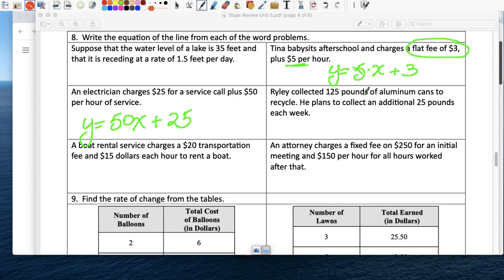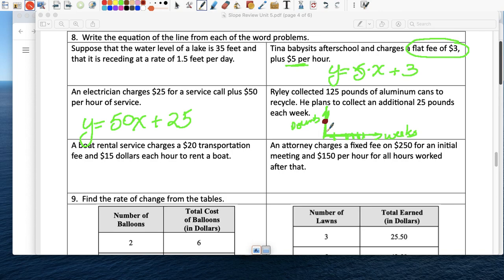Riley collected 125 pounds of cans. He plans to collect an additional 25 pounds each week. If you make a graph here, this is the number of weeks at the bottom, and this is the number of pounds on the y-axis. Riley starts over here at 0 weeks, with the 125 pounds he already collected at home.